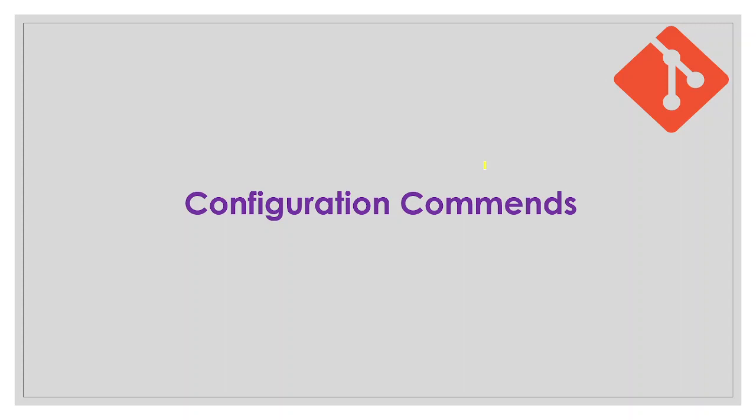There are a few commands we need to run for configuration. What are those commands and why do we need them? If someone has just now installed, we can see the issues without these configuration commands.